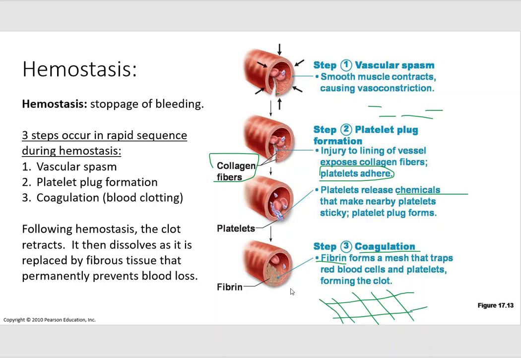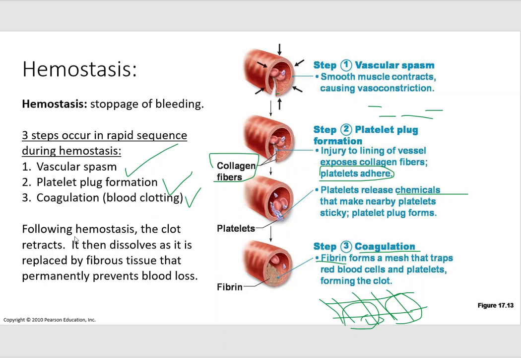So this guy is going to make a net, and not only is he going to be over those platelets, but he's also going to trap some red cells. He's going to make a nice plug, and that's going to keep us from bleeding out. Vascular spasm, platelet plug, and finally the coagulation cascade. And that's where we're going to actually get that fibrin.